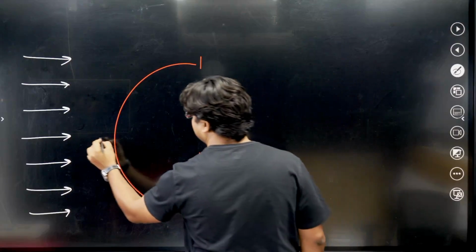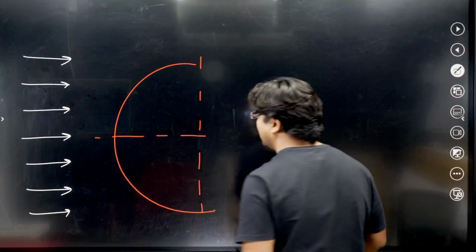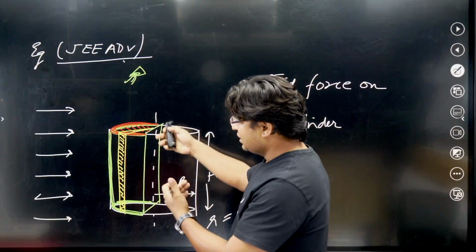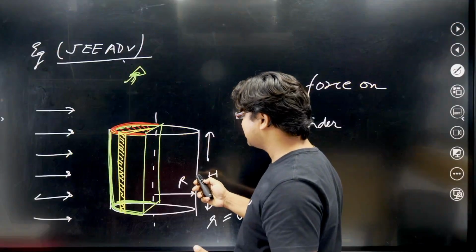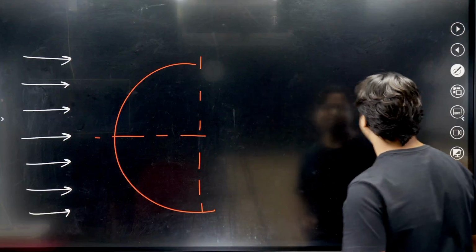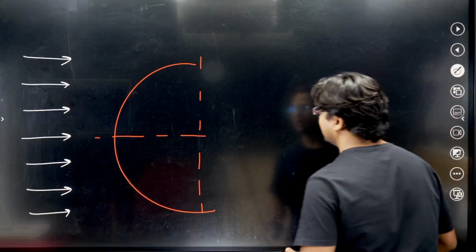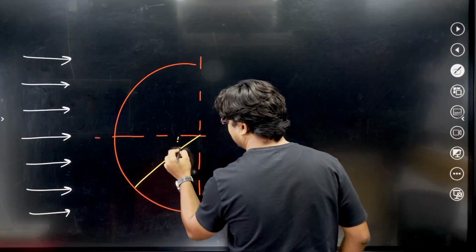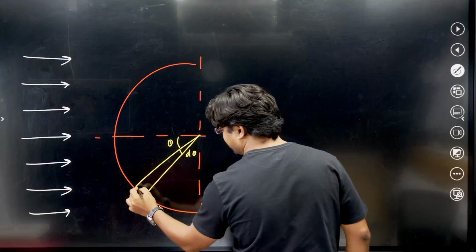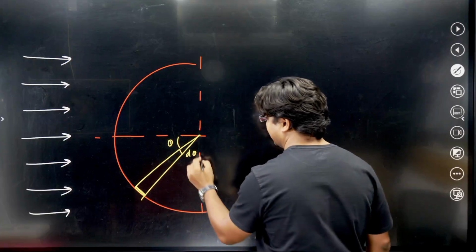Here in the figure I've shown the strip to be in this region, okay, we can continue doing that. So at an angle theta, assume a strip that will make angle d theta here.